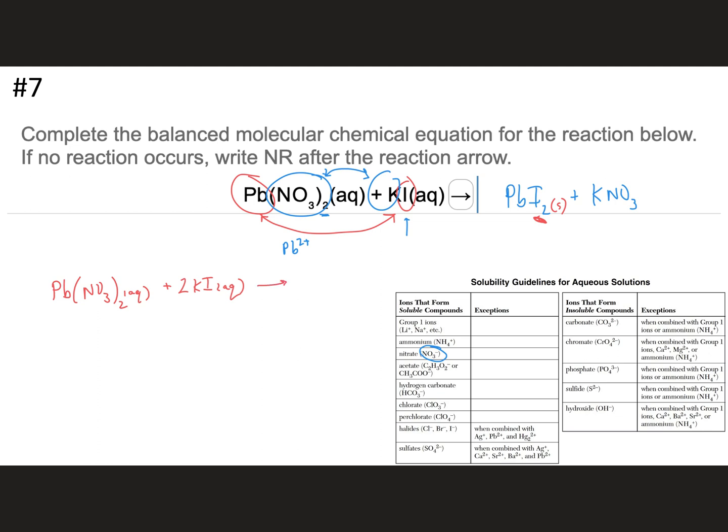That reacts, and that's going to yield lead 2 iodide, which is a solid, plus, now for this to balance out, because I have 2 potassiums here and 2 nitrates here, I'm going to form 2 potassium nitrates aqueous. And so there's our balanced molecular equation for this reaction.